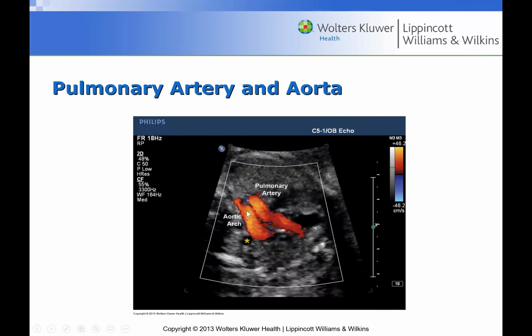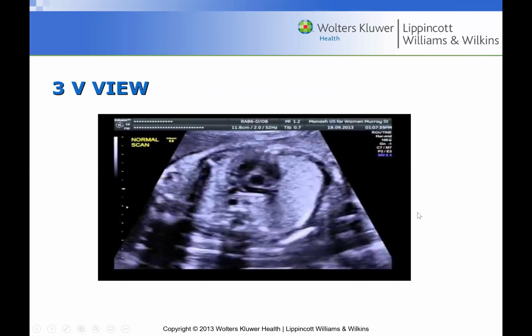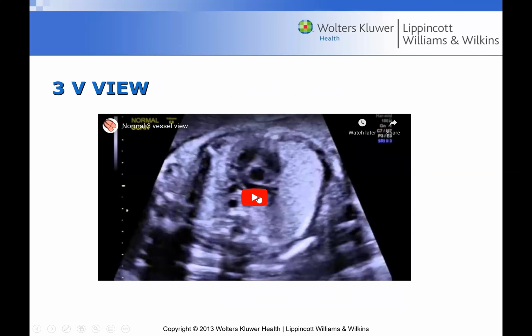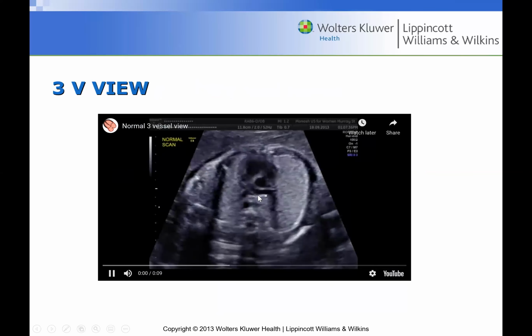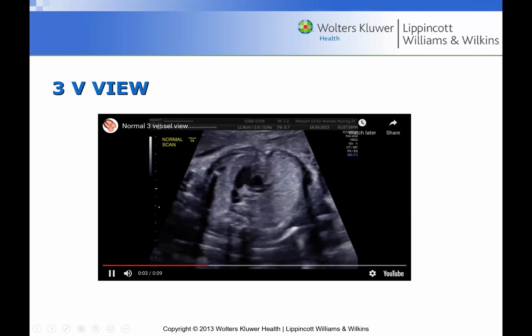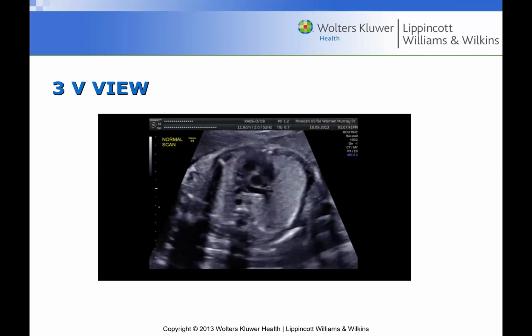They have a very close relationship, especially when you see them in a 3-vessel view. It's the pulmonary artery, the aorta, and the SVC. So this is the 3-vessel view. From the 4-chamber heart, you go up superior, and you're going to see the pulmonary artery.